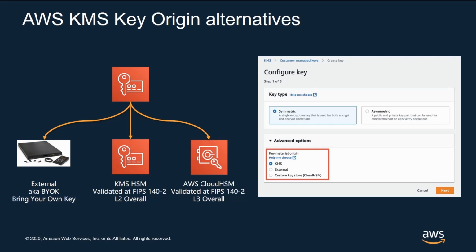Lastly, the last option and frequently used is if your Amazon ECR images require encryption using keys that are stored in a FIPS 140-2 validated HSM at overall level 2, then AWS KMS HSM helps you meet the requirement, which is kind of the default KMS HSM, which is where the CMK is stored.